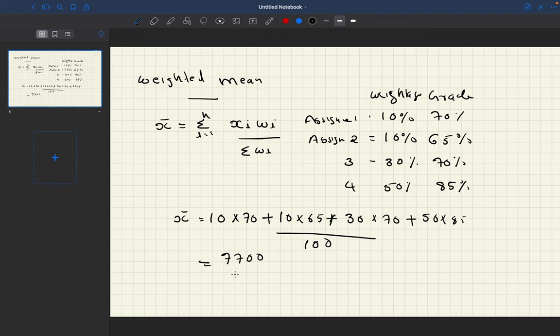If you calculate this, we will have 7700 divided by 100, which is equal to 77. This is how we calculated the weighted mean.